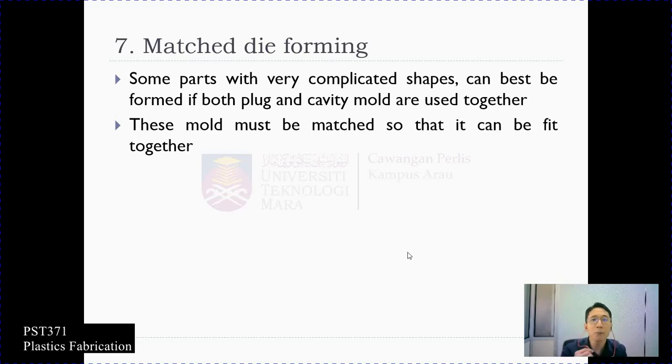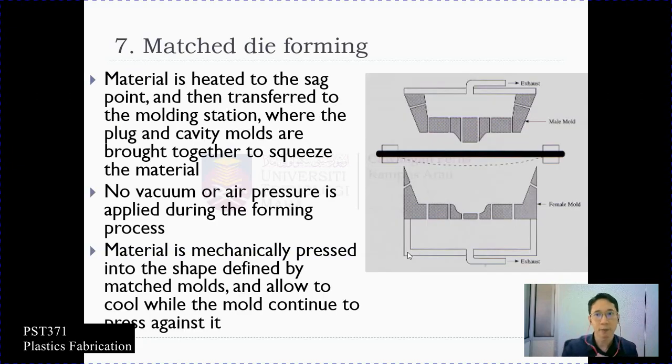This mold must be meshed so that it can fit together. Kalau plug assist tadi, dia punya plug tu dia tak mengikut bentuk cavity, dia hanya stretch sedikit saja plastic sheet tadi. Yeah, tapi untuk mesh die, both of the shapes tu they can fit together. Dia mold kita tengok macam ni lah. Macam mana bentuk cavity dia.